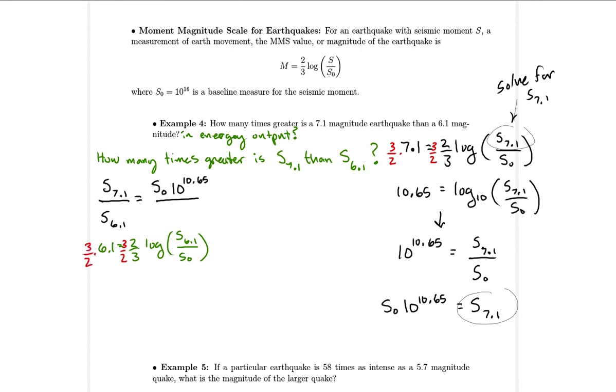So this one gives me 9.15 is the log base 10 of S6.1 over S0, which is 10 to the 9.15. So I've solved now for the 6.1 magnitude earthquake seismic moment.